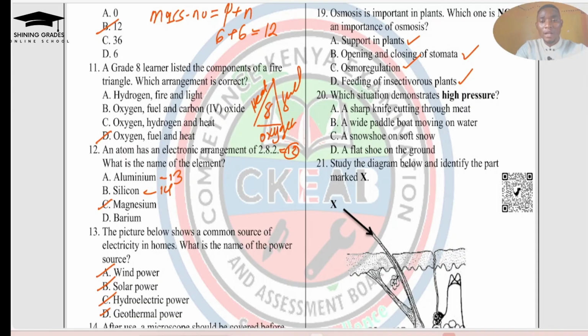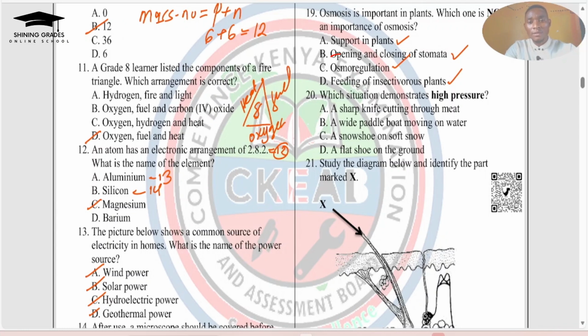Their leaves become turgid and they are sensitive to anything that lands on their surface, and therefore they end up blocking and trapping insects within them and releasing chemicals and enzymes to digest them. So in this particular list, learners, all the answers were correct. There was a typing error. There was no reason to say that any importance in this list is not part of osmosis. Question number 20.